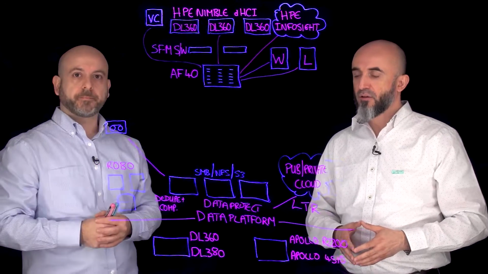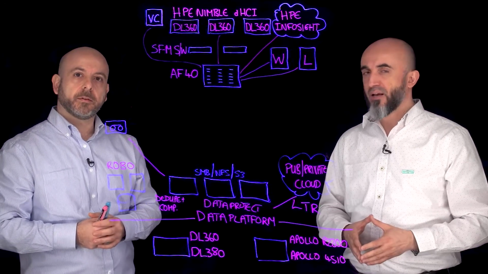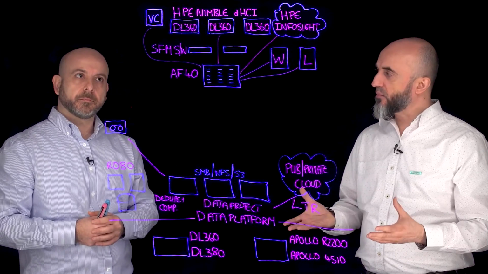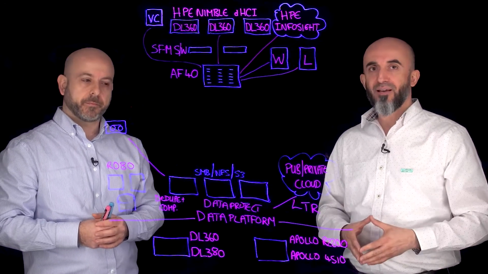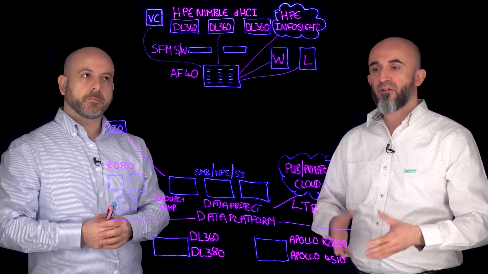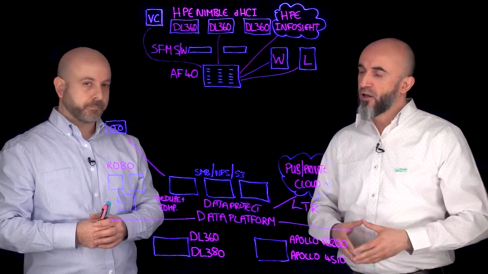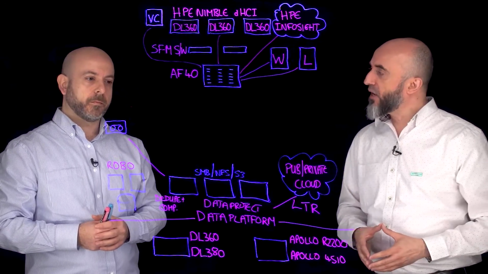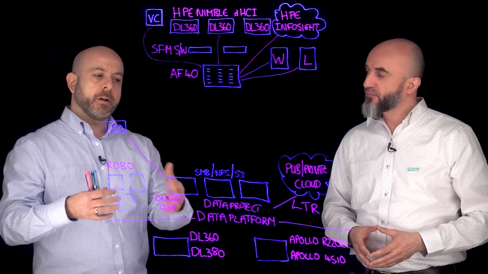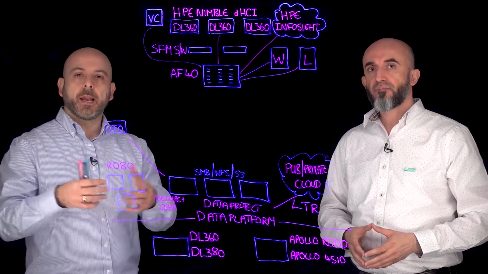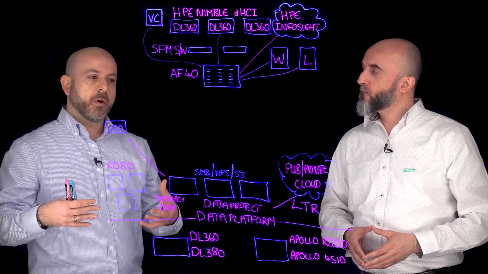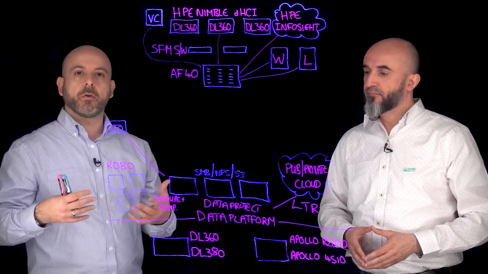Excellent. The other question I always get is that file services need to be highly available. You don't want the user logging on and the mapped drive is not there, or the home drive or departmental drive is missing. So how can we achieve HA in Data Platform? Inherently, because it's a scale-out architecture, we have HA built in automatically.